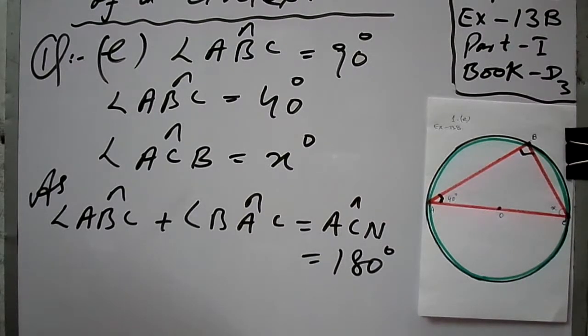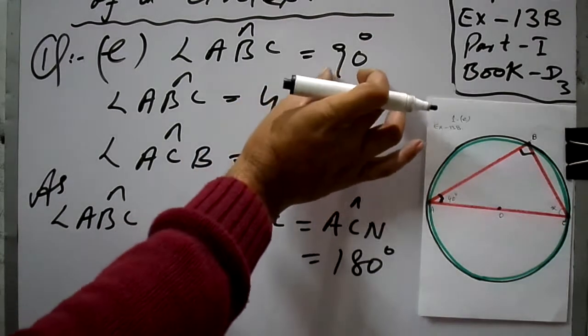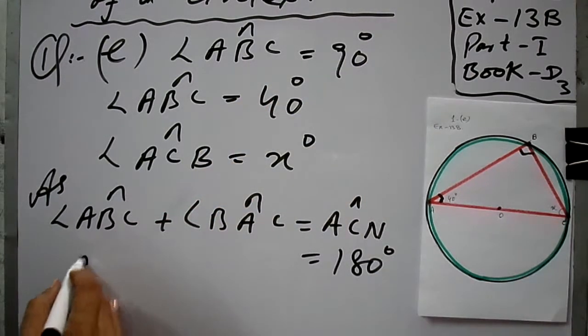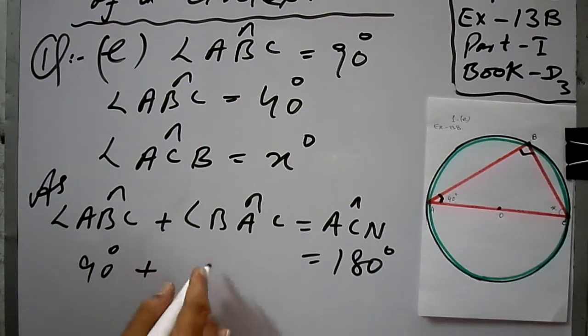So putting the values here, we can say that angle ABC, just now we have said, is equal to 90 degrees. So 90 plus BAC is equal to 40.